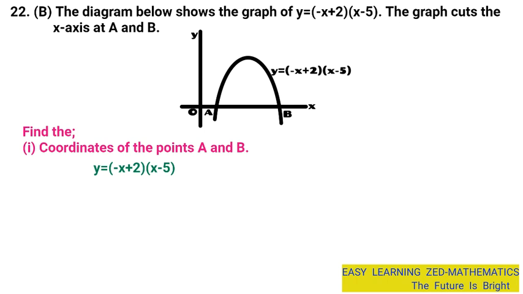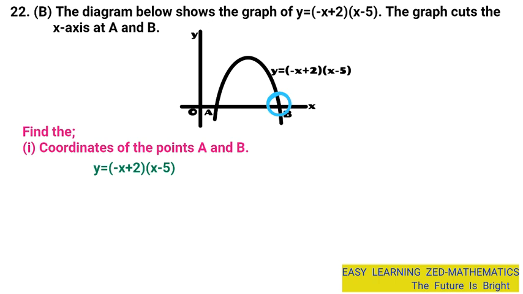When we look at this graph, you can see that the graph is meeting the x-axis when y is 0. When you look at point A, the reading on the y-axis is 0. The same applies at point B: the y-axis reading is 0.